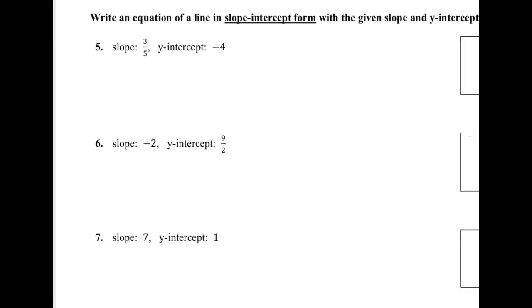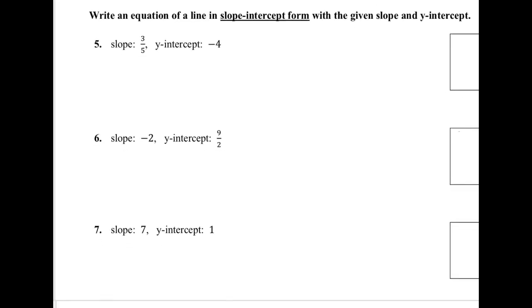5, 6, and 7. Again, we're writing the equation of a line in slope-intercept form. Y equals mx plus b. If I know my slope and if I know my intercept, then it simply plugs into the form. So slope is 3/5. So y equals slope times x.